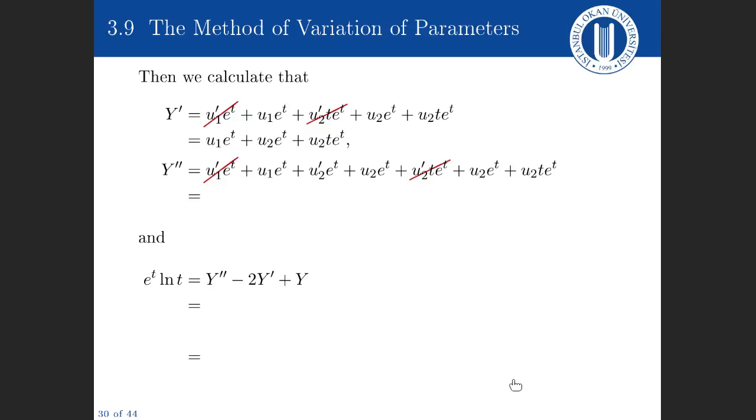That's our extra condition. So we end up with y double prime is u1 e to the power t plus u2 prime e to the power t plus 2u2 e to the power t plus u2 t e to the power t. Okay, now we substitute these into the differential equation.